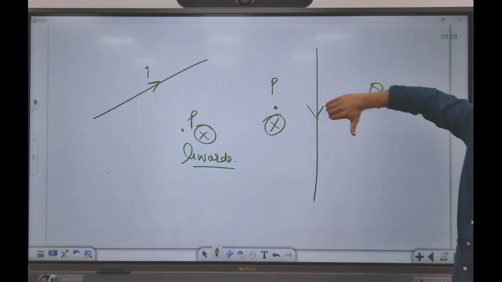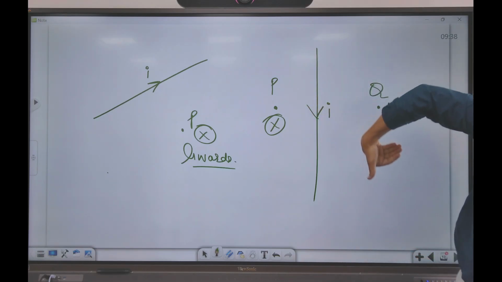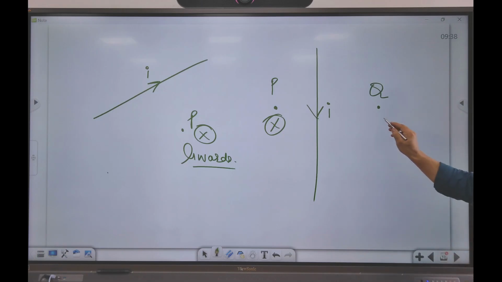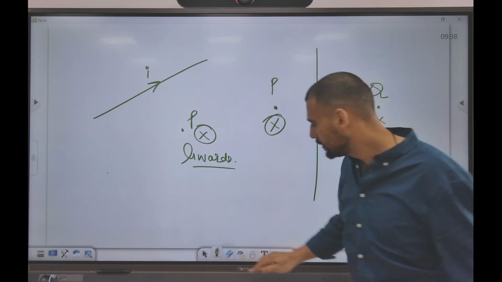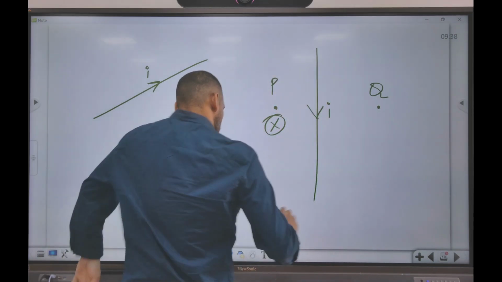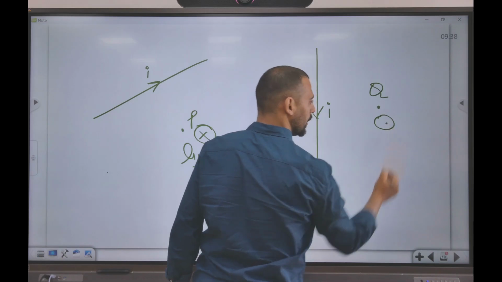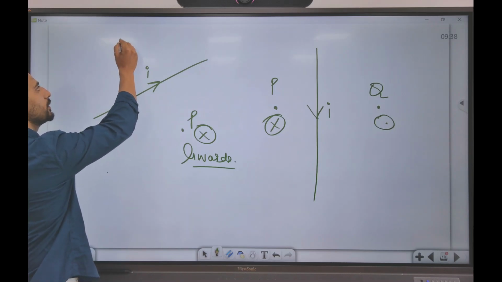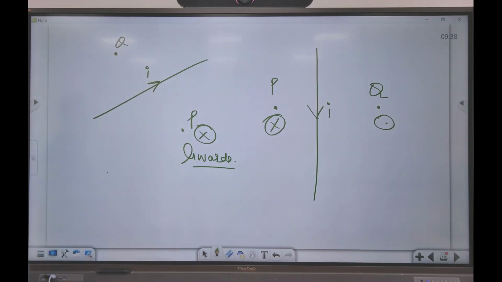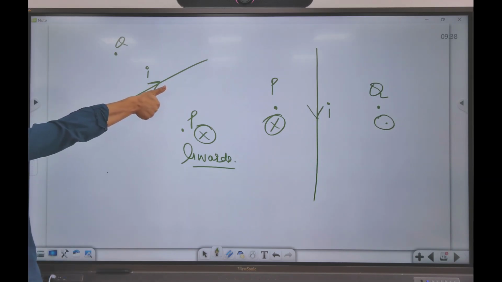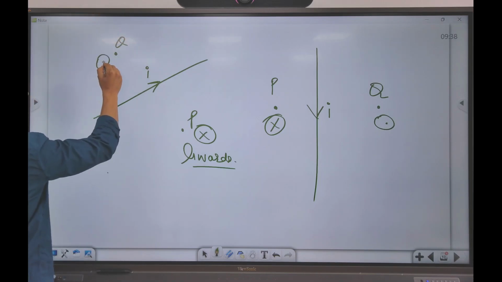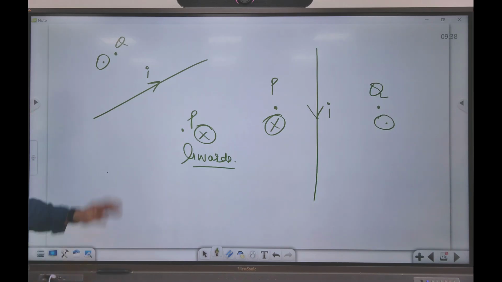And now at point Q, again the same thing, but when you do like this, they are coming out from point Q. So here it is out. Is that fine? What is the direction of the magnetic field at Q? Come on, tell me. Outwards. Is this clear?